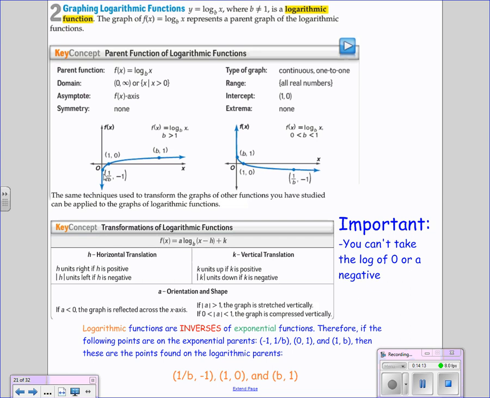And anytime you shift the graph left or right, remember that the asymptote moves with the graph. And left or right shifts are always affected by h. Up and down shifts are affected by k. And then a, again, will vertically stretch or shrink. It could also reflect across the x-axis.